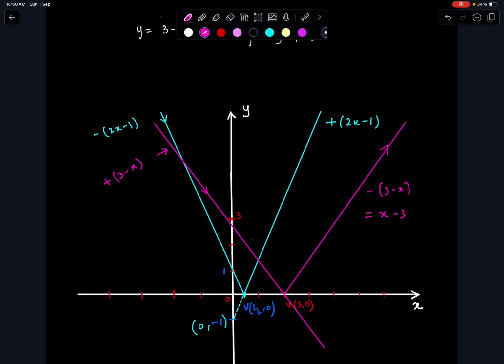Now we have 2 points of intersection, and remember, we always calculate these points of intersection. We never estimate these.